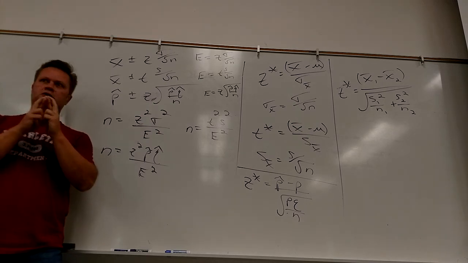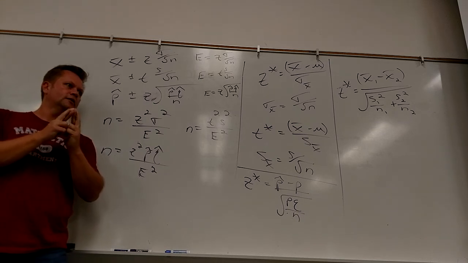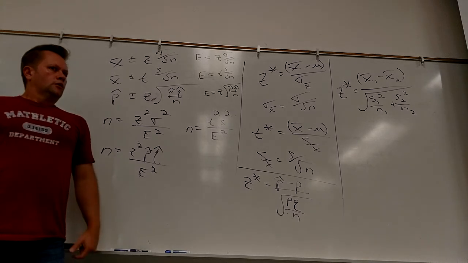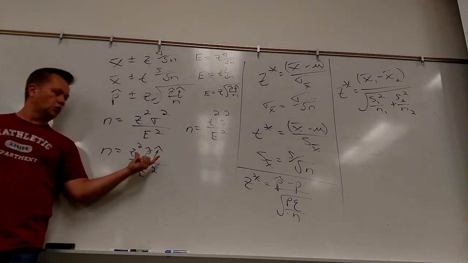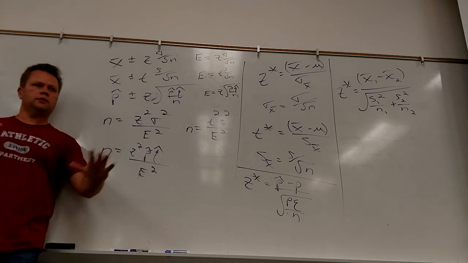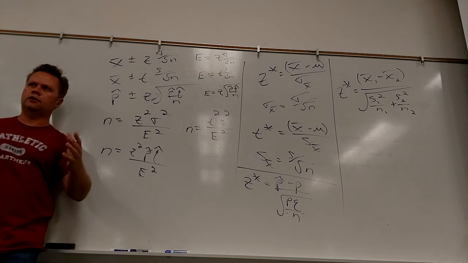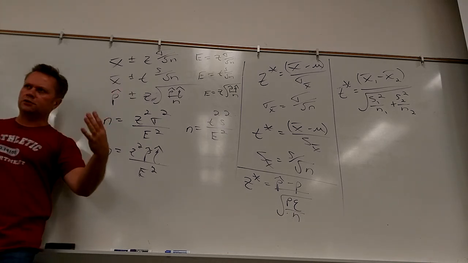What about the one where you put 0.25? If you don't know what p hat and q hat are, what does the symbol p hat mean? Sample proportion. So it's a proportion from a sample I took.